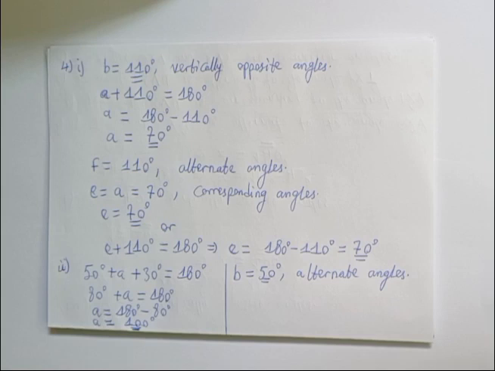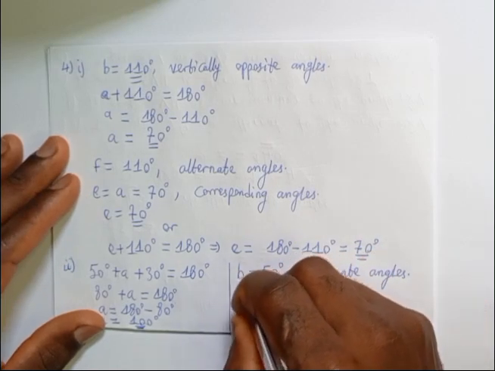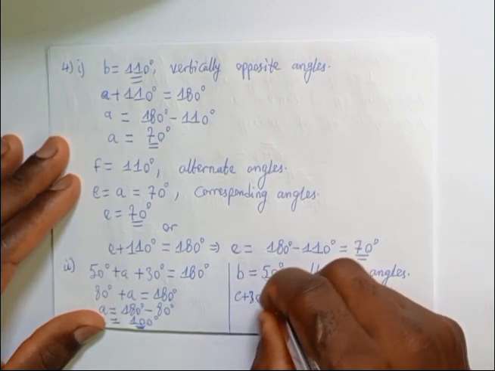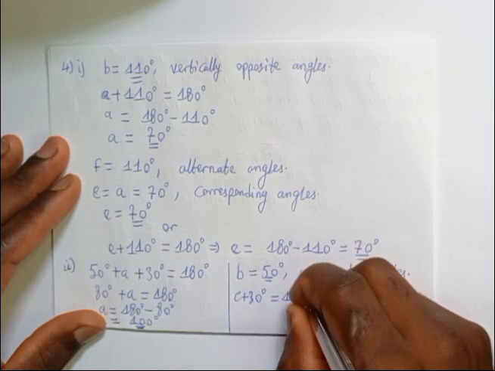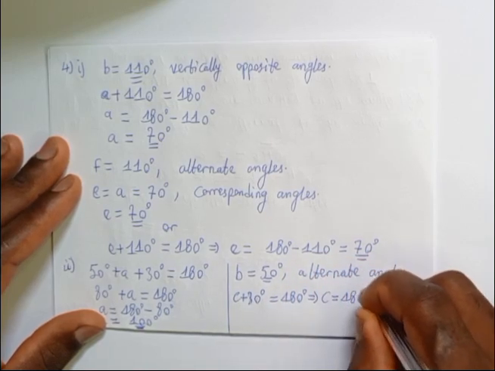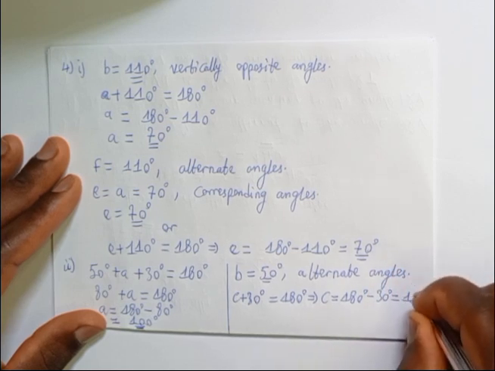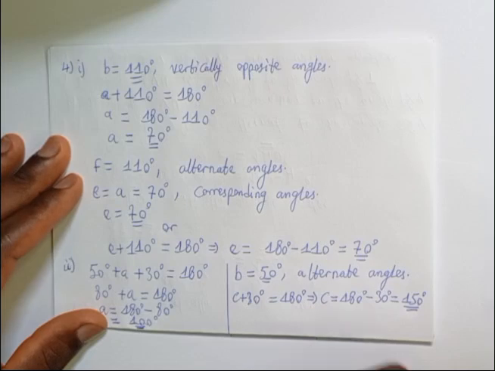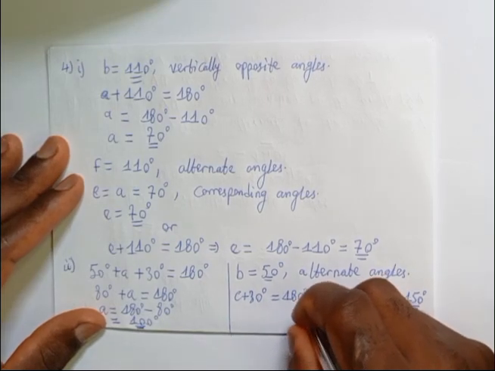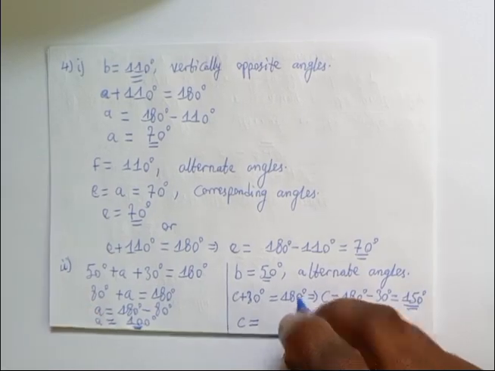Let's first make use of the fact that C and 30 degrees are co-interior. We take C plus 30 degrees is equal to 180 degrees. Then C will simply be equal to 180 degrees minus 30 degrees, and this will give us 150 degrees.